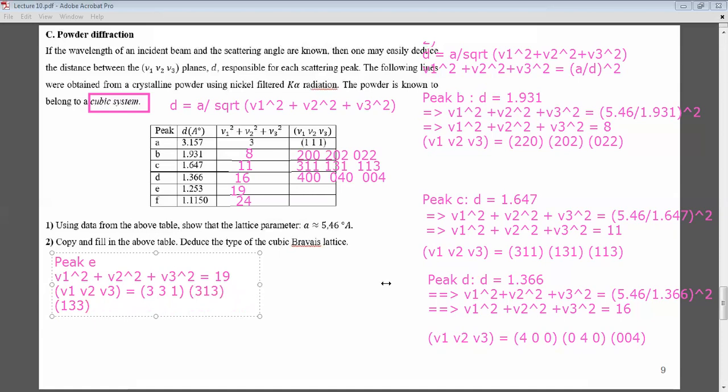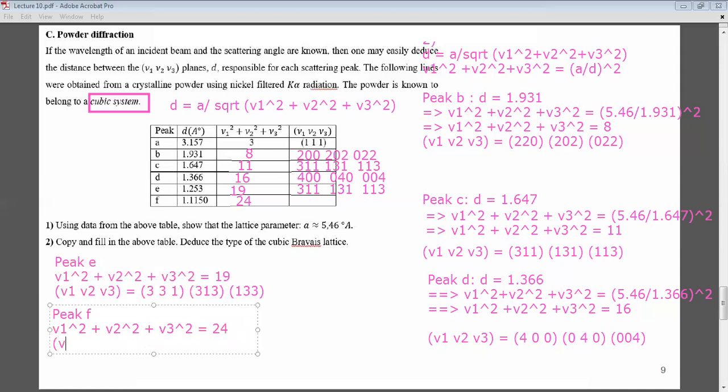Okay, and the last peak F. V1 square plus V2 square plus V3 square equal 24. So what V1, V2, V3 would give me 24?